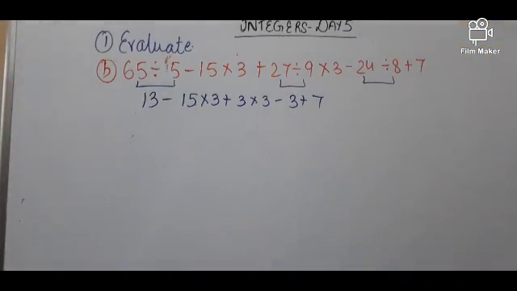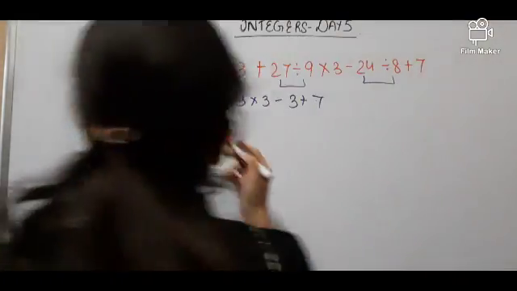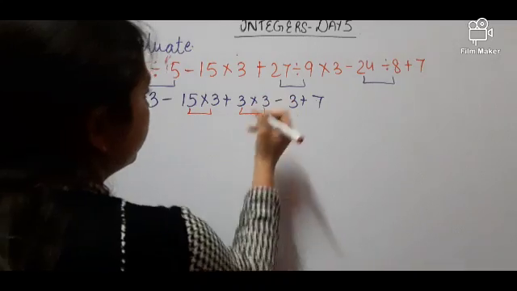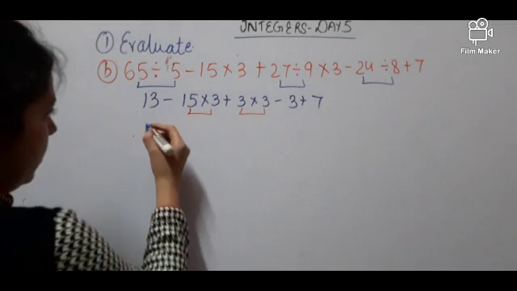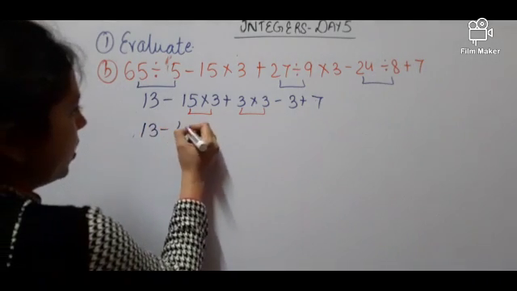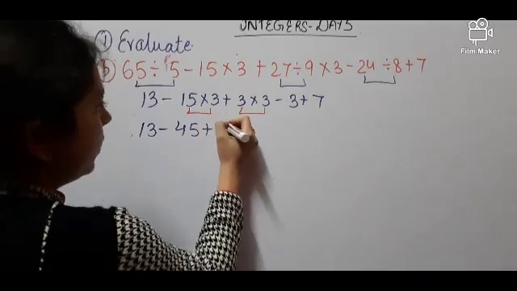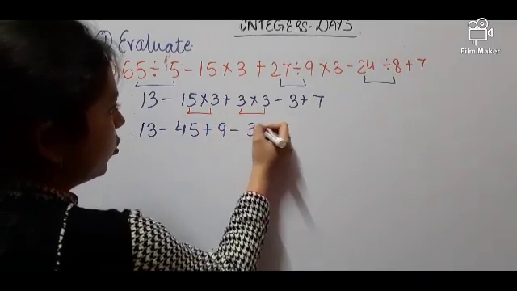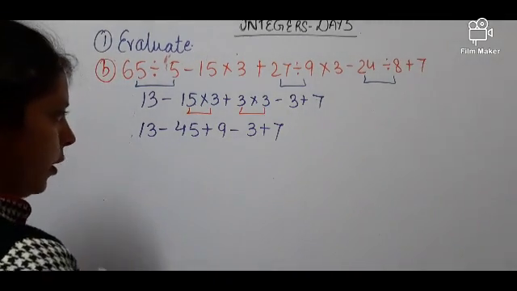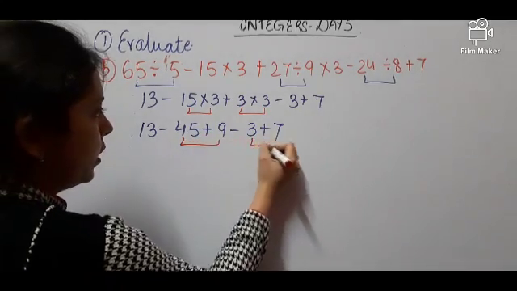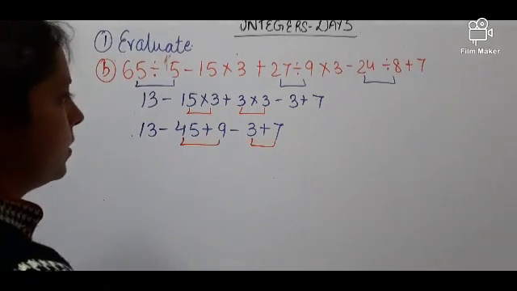Now we will do multiplication. So 15 times 3 and 3 times 3. Right. So 13 minus 15 times 3 gives you 45, 3 times 3 gives you 9, minus 3 plus 7. Now we will do addition.